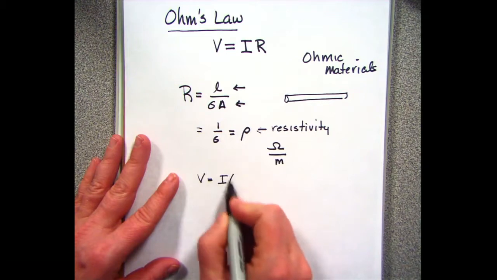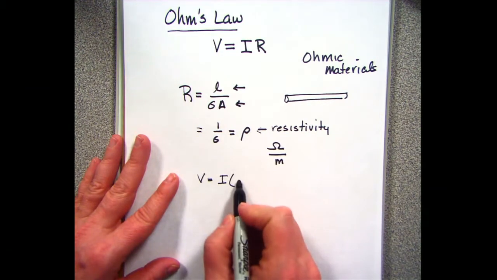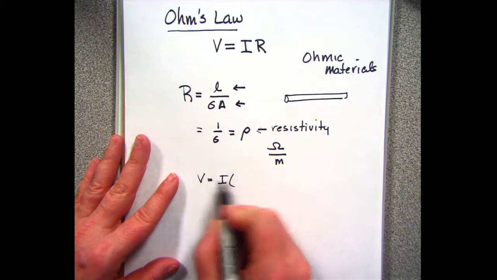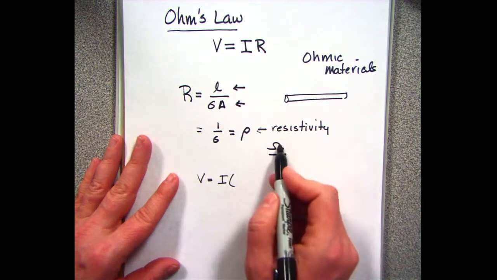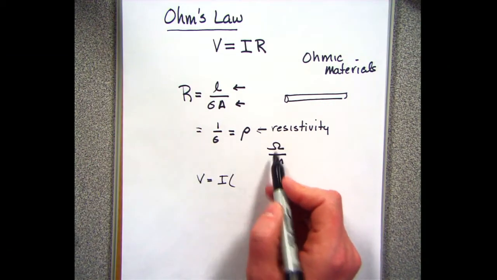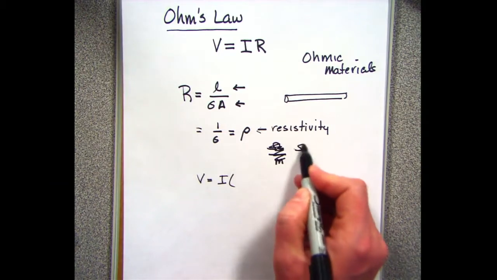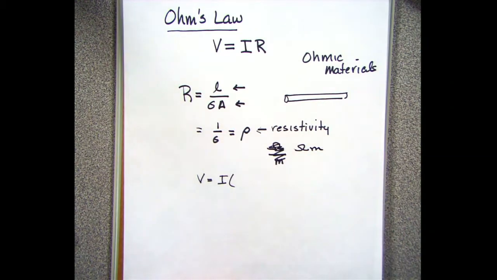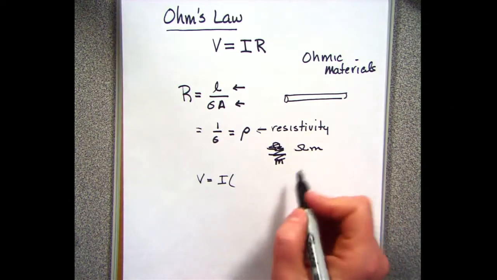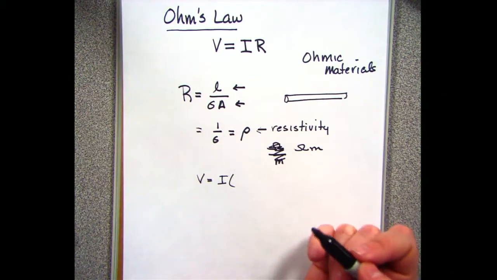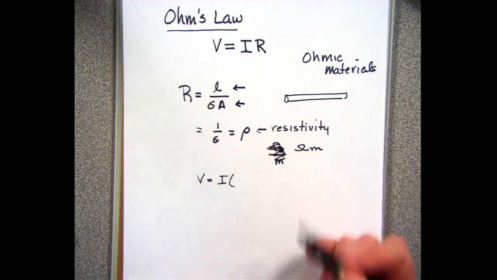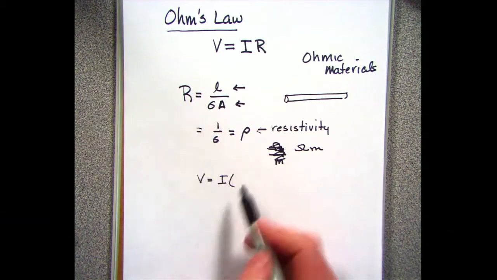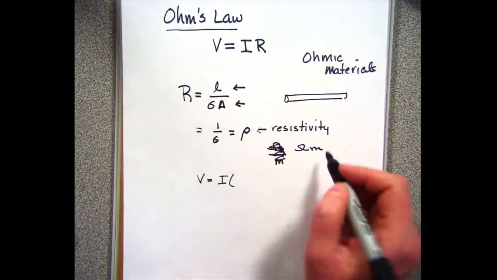Because I want to be in ohms when I do my resistance, because I want resistance to be in ohms. But I end up with length per unit area and my resistivity. So if I do resistivity times length divided by area, I have to be in ohm meters, because area is in meters squared, so those cancel out.